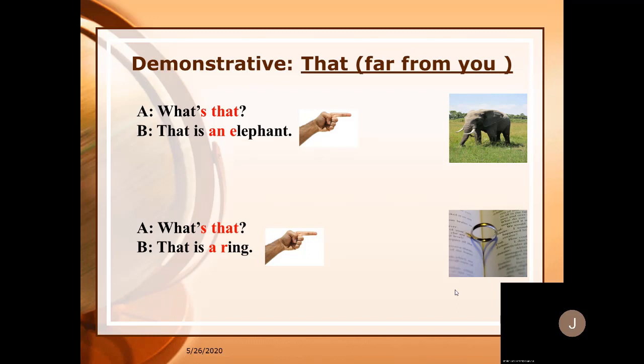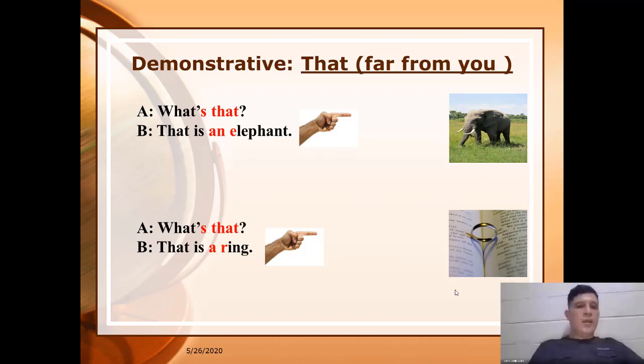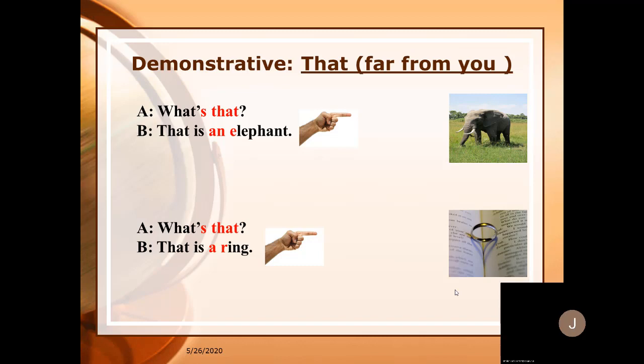That is an elephant. Okay, good. Next one, Paola, you're going to ask Hillary. Hillary will give you the answer for this one. Hillary, what's that? That is a ring.